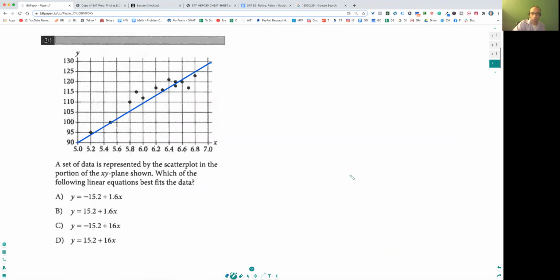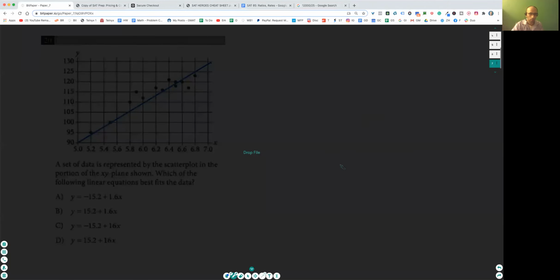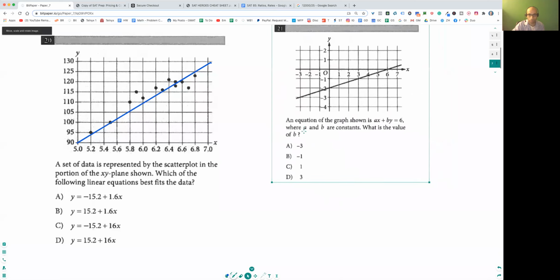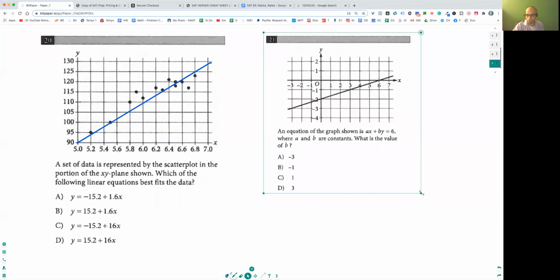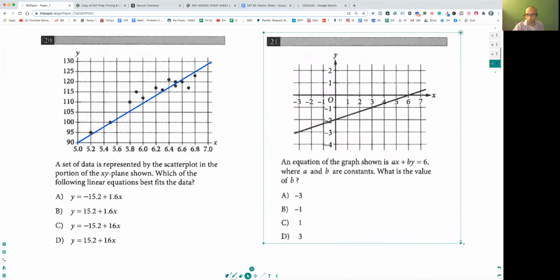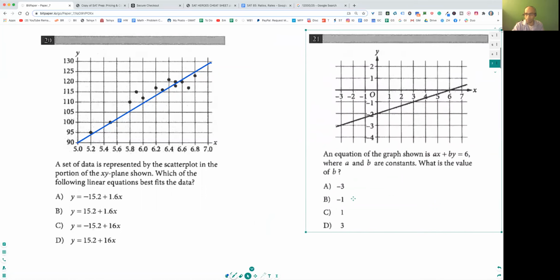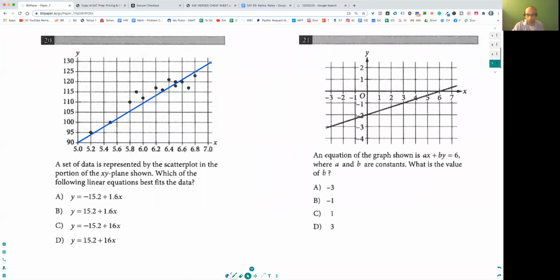All you got to do with the scatter plot is draw a line and then find the slope of the line. That shouldn't be very hard. First of all, guys, try to find the slope.